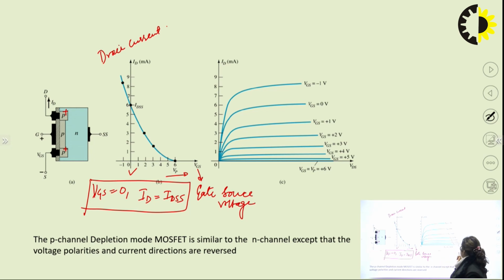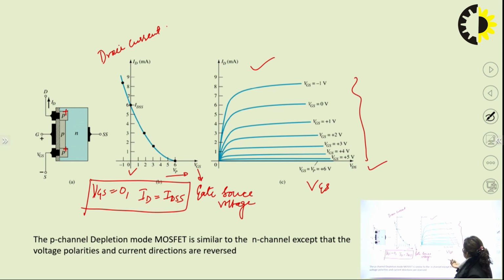Similarly, in the output characteristic, we have VDS and ID, and the constant is VGS, which we apply at the gate and the source. At 0 volt the current is highest, but as you increase the voltage, the current keeps on decreasing. This is the main difference between P type and N type depletion MOSFET.